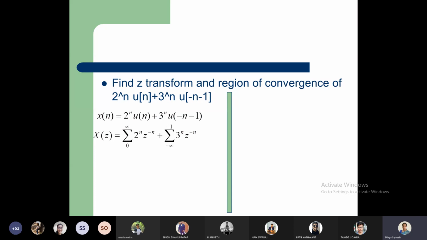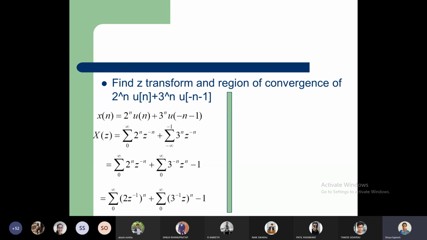Now again I have to change the limits from minus infinity to 0 and I will change it to 0 to infinity. So what will be the changes happening inside? 3 raised to n will change to 3 raised to minus n. Z raised to minus n will change to z raised to n. So both steps in a single thing I have shown here.